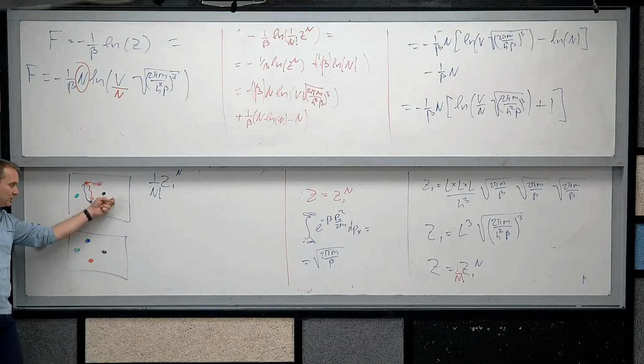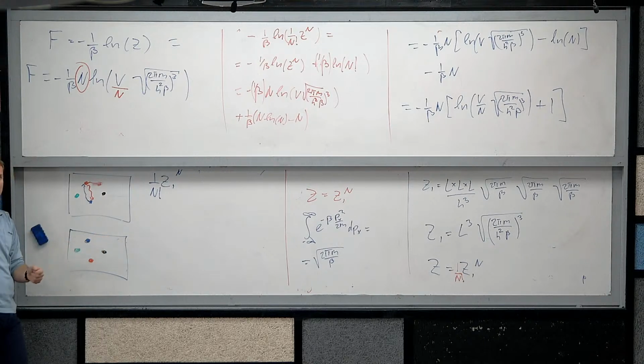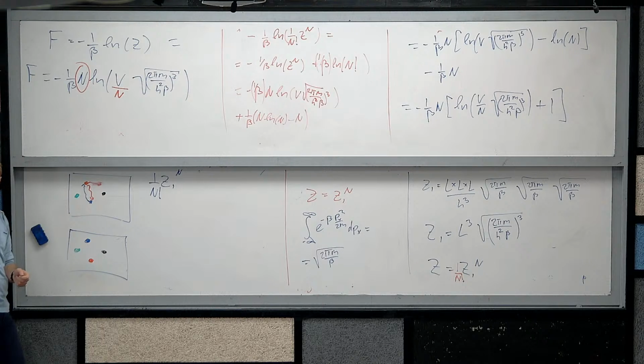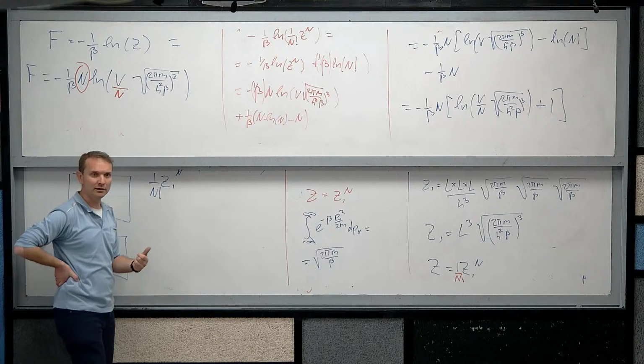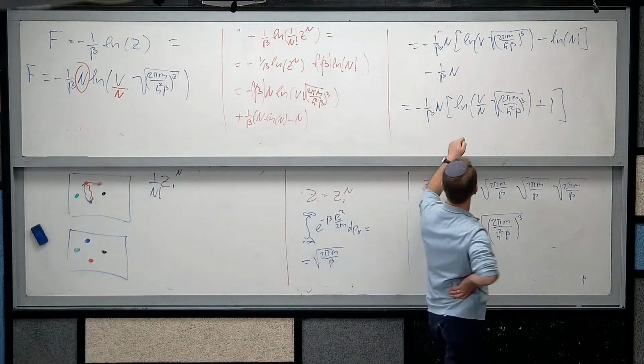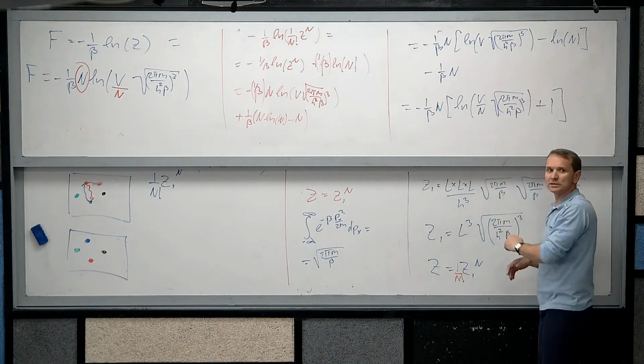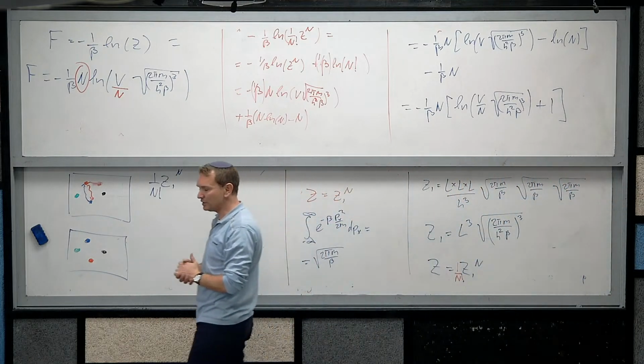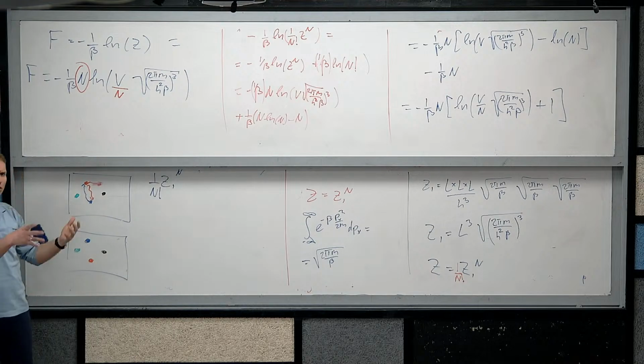I have to count this state, and I have to count that state. I shouldn't divide by n factorial. But I somehow do have to divide. If I don't divide, my free energy is not extensive, and I mess everything up. So what does it tell me? This is the solution of the Gibbs paradox.